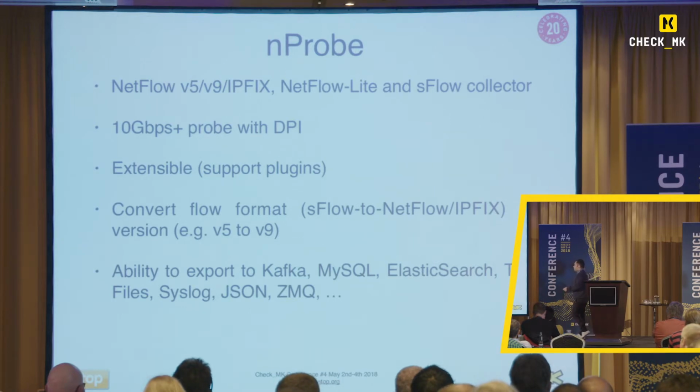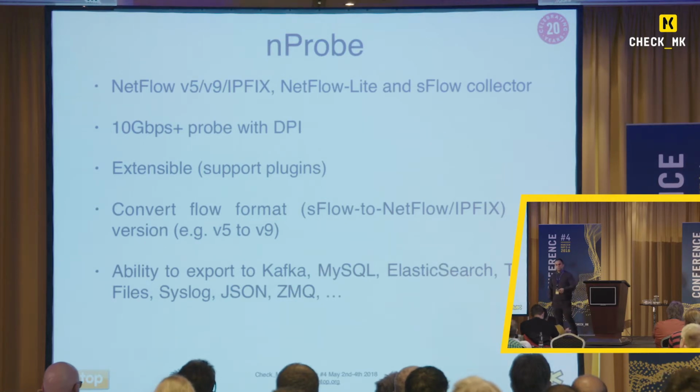And it not only speaks NetFlow with your routers, it is also able to deliver the NetFlow in a standardized format to multiple downstream applications, including big data stores such as Elasticsearch, or a messaging system such as Kafka.